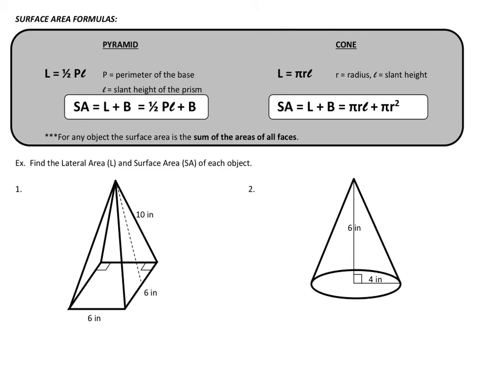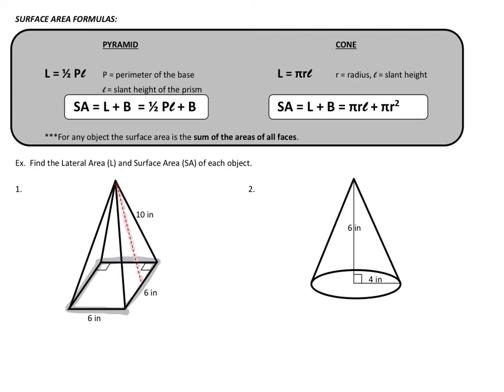If I'm looking at this pyramid down here, my perimeter of the base is just all the way around that square, and then times the slant height. The slant height here in example number 1 is this dashed line that runs along that right face. And then our surface area is just going to be our lateral area plus our base.